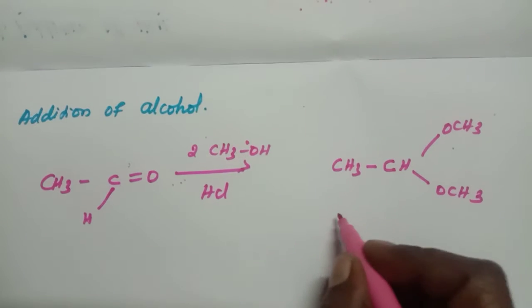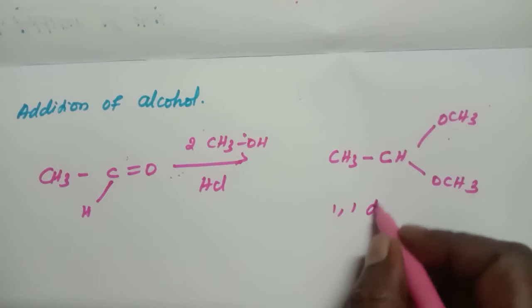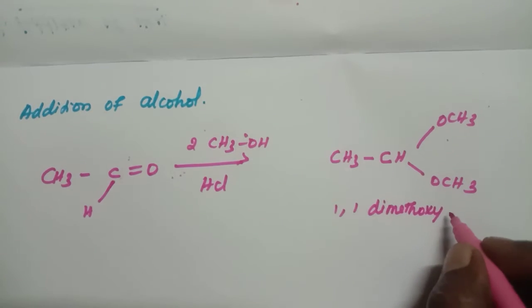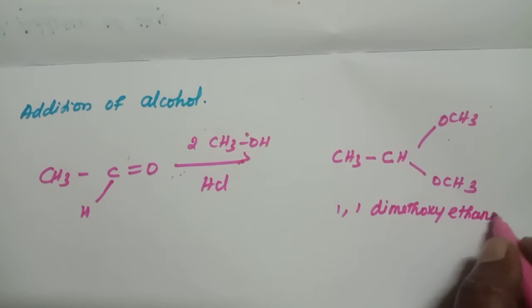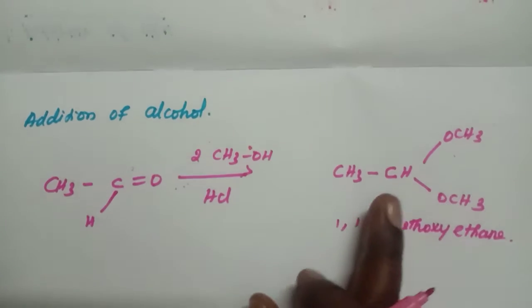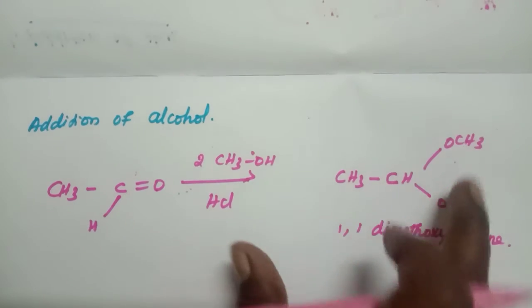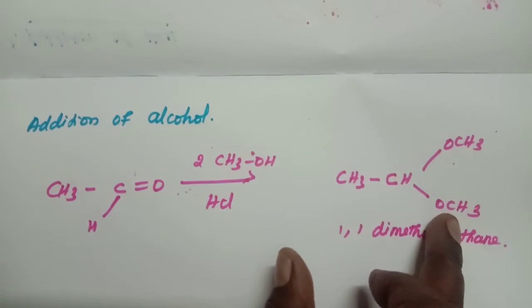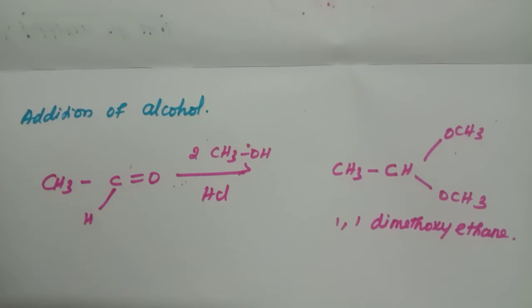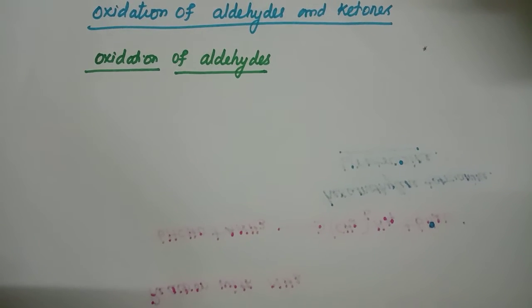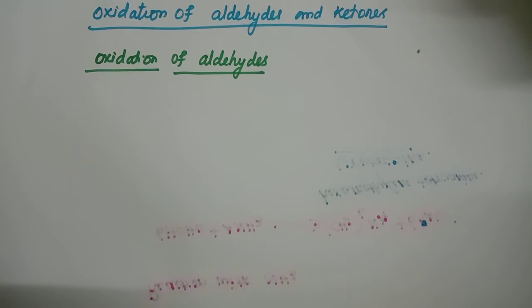The name of this compound is 1,1-dimethoxyethane. The name of the compound is 1,1 because both methoxy groups are attached to the first carbon. Next we will discuss the oxidation of aldehydes and ketones.